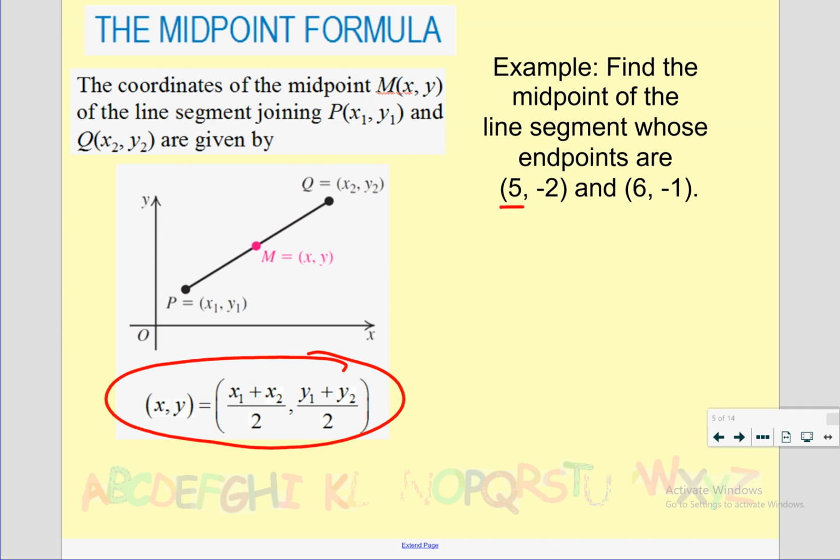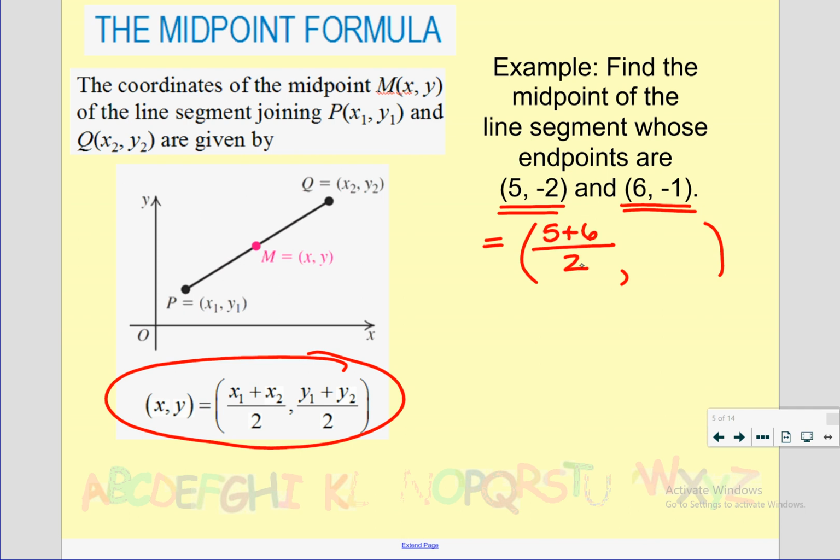Okay, so let's do it with these points up here. I have the points 5, -2, and 6, -1. I want to find the midpoint of those coordinates. So my midpoint, I'm going to start by adding my x's and dividing by 2. 5 plus 6 over 2.